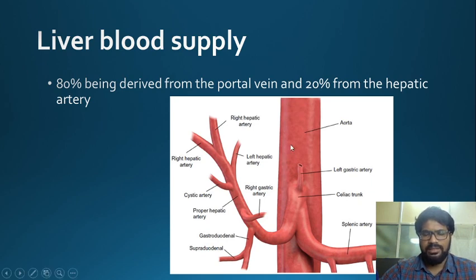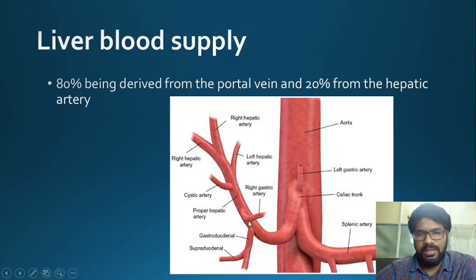This is the aorta, and this is the celiac trunk, which divides into three branches: left gastric, splenic, and the common hepatic. The common hepatic divides into the gastroduodenal and the hepatic artery proper. The hepatic artery proper divides into the right and the left hepatic arteries.